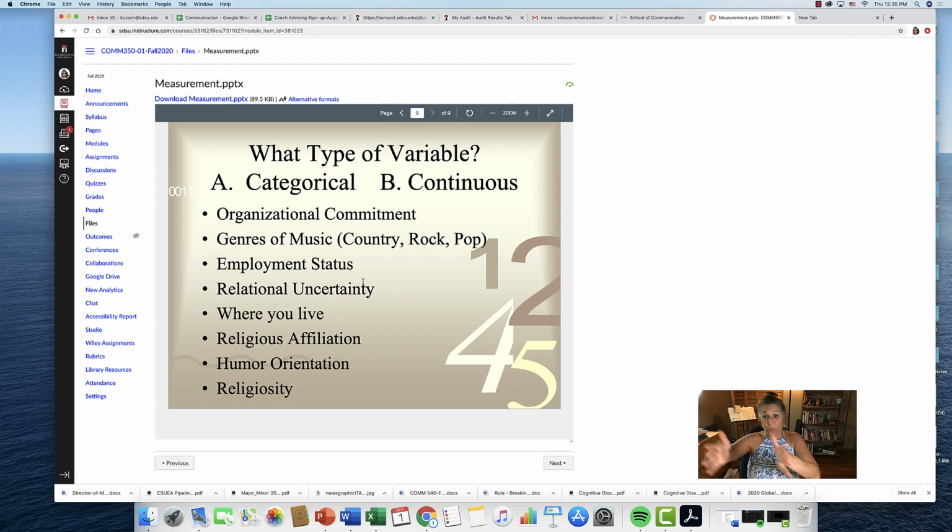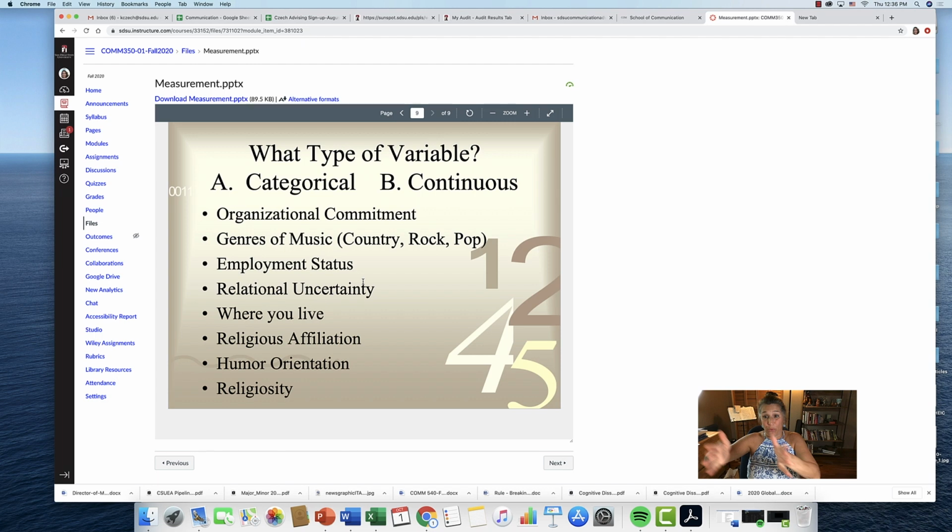That doesn't tell us anything. Doesn't give us a whole lot to work with. So we're going to ask several questions about someone's organizational commitment on a Likert scale where they can either agree or disagree with numbers or intervals.